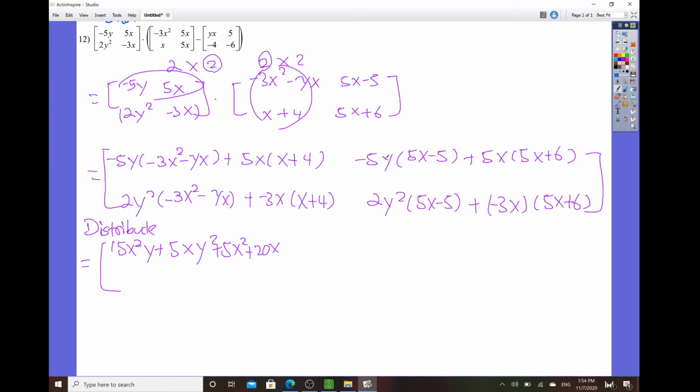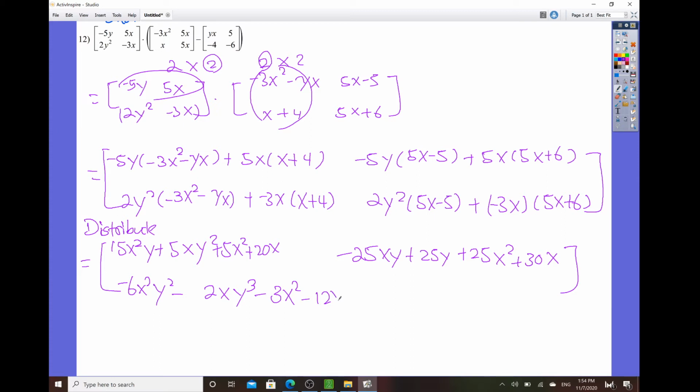Then negative 5y times 5x: distribute, so it's negative 25xy plus 25y, and then plus 25x squared plus 30x. In this entry, distribute, so negative 6x squared y squared, minus 2x y to the power of 3, and then minus 3x squared minus 12x.